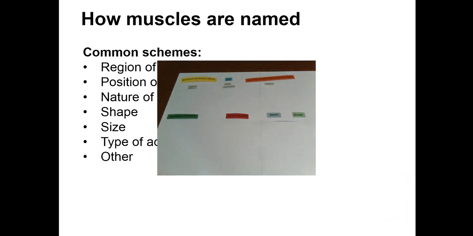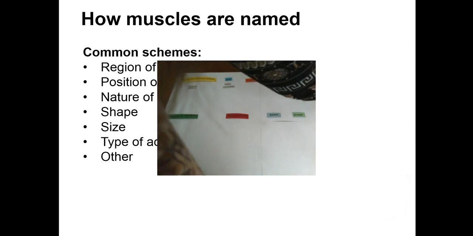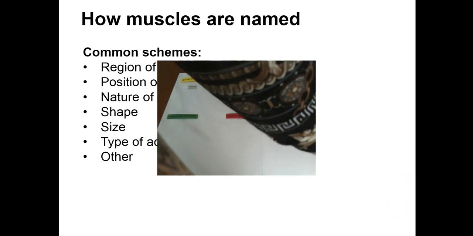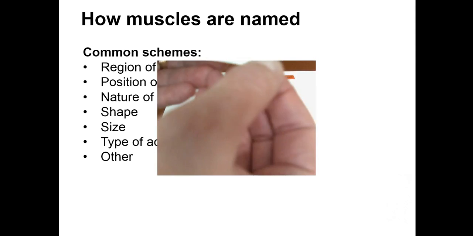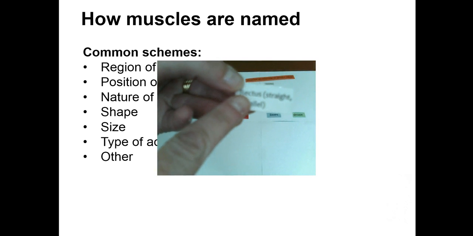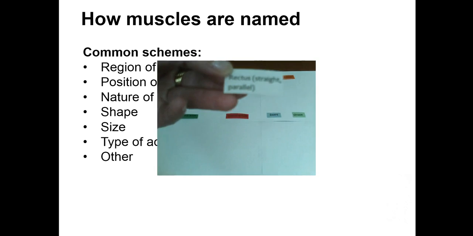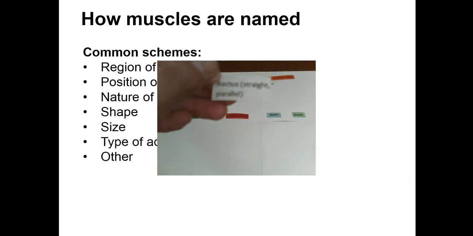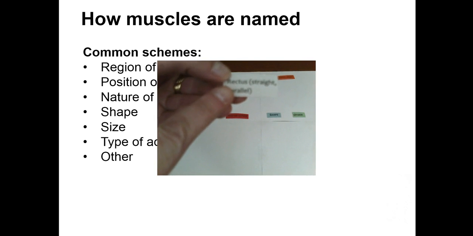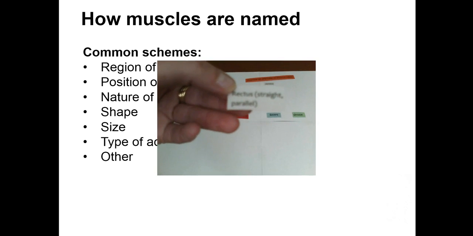A couple of other really important ones that I'm going to point out because I want you to know them. One is going to be rectus. Rectus means straight or parallel to the midline of the body. So rectus is actually going to be running from superior to inferior.